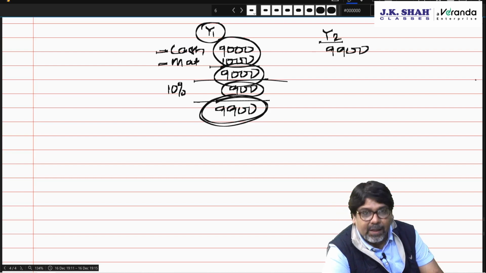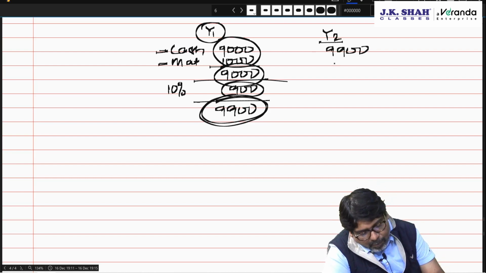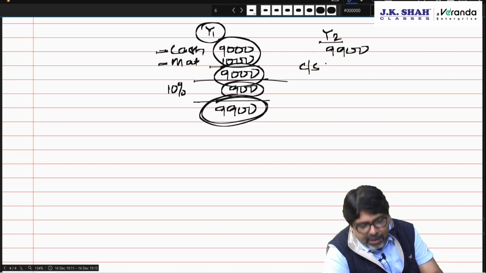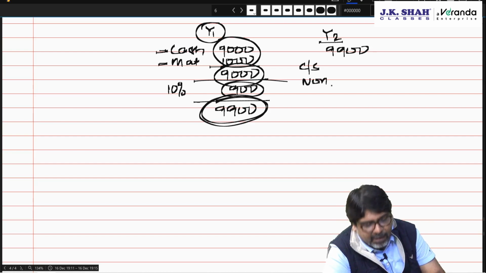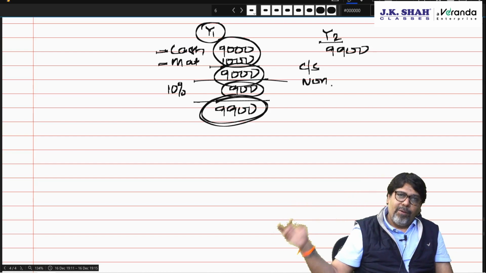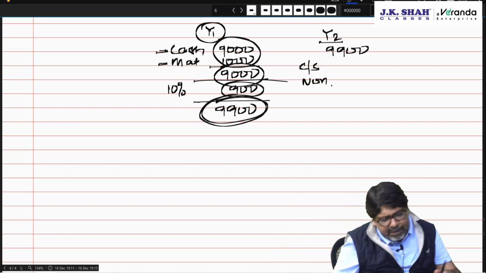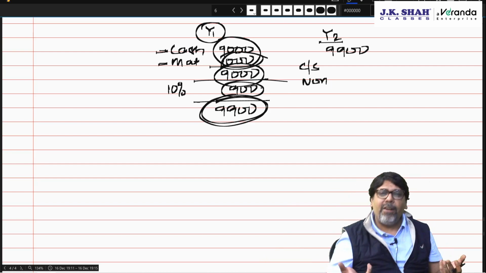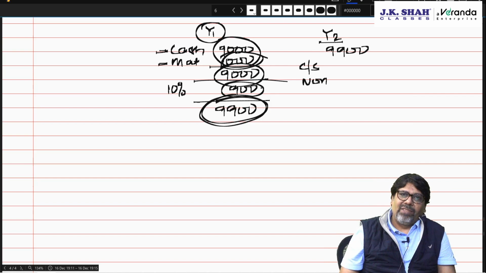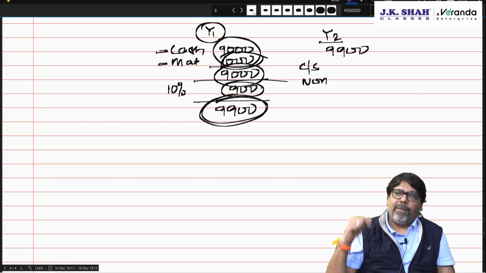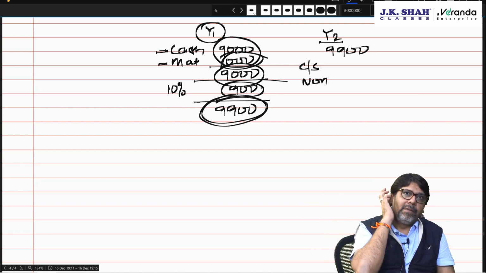Plus whatever you spend in cash over here, plus whatever you spent on non-cash, that means whatever material was there in your godown which you used over here. Sir, but why are you taking non-cash? You did not spend money. If I would not have used it here, I would have sold it, got the money, repaid the loan.